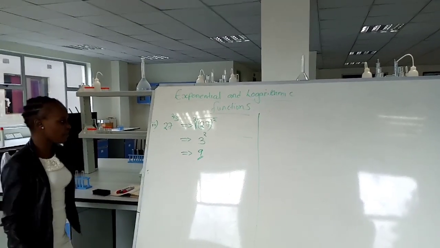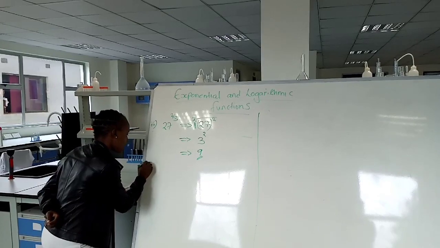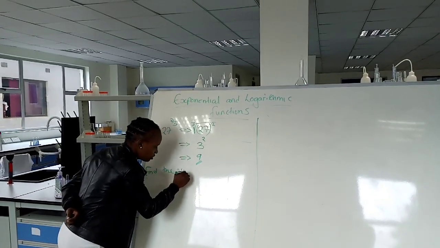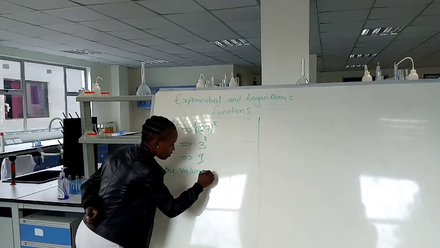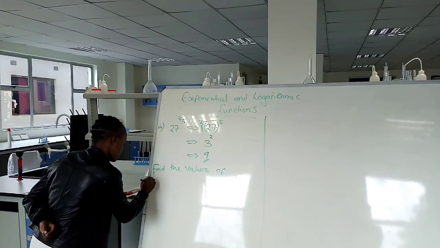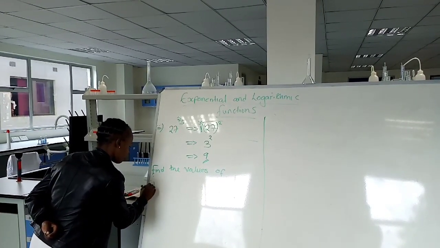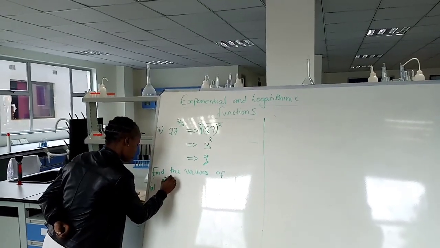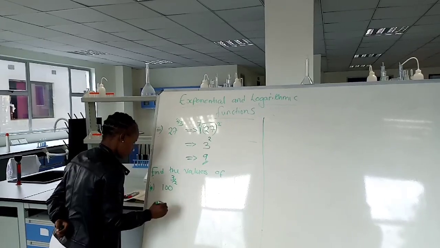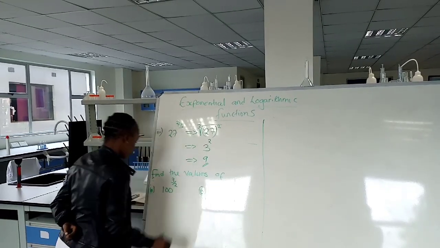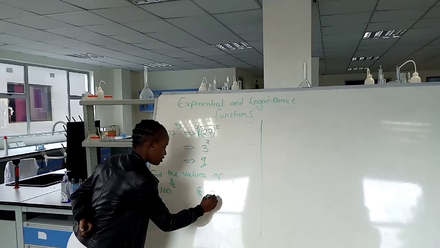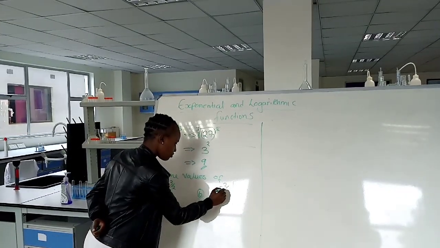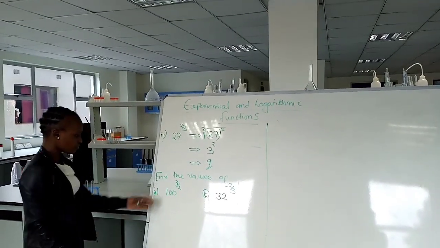So what if we also have other questions where we are asked to find the values of the first one, where we consider this one to be A, where we have 100 raised to the power 3 over 2. Then on B, we have something like 32, which is raised to the power negative 2 over 3. How are we going to solve this?